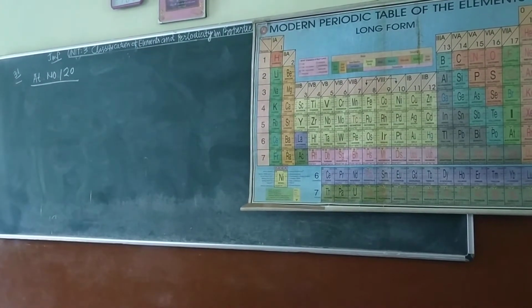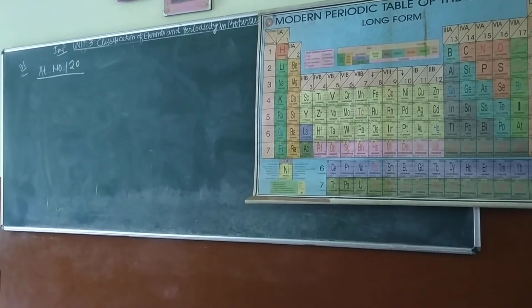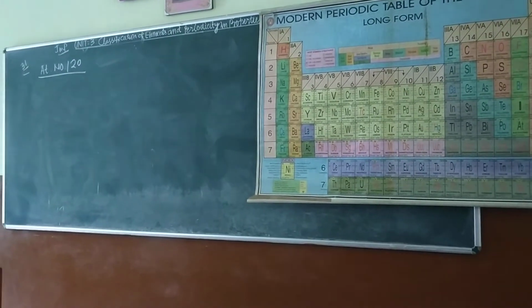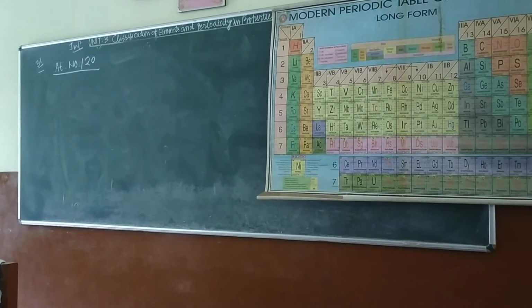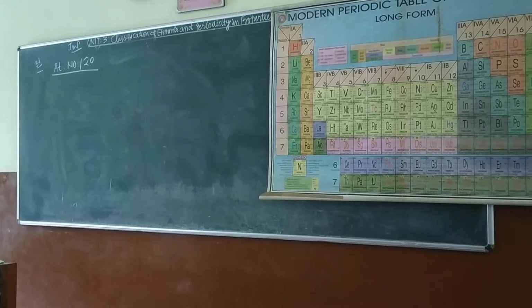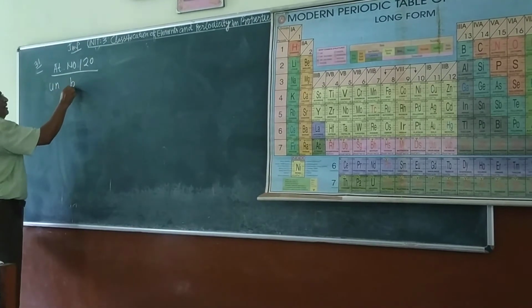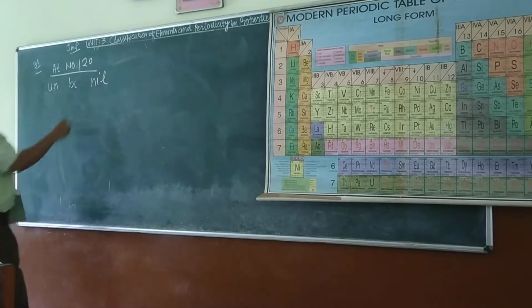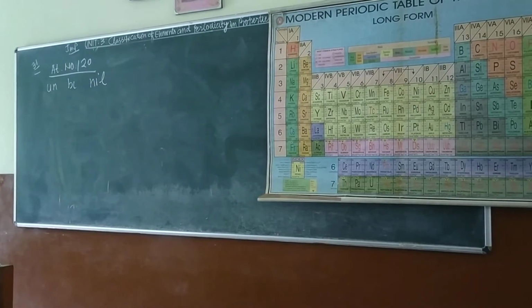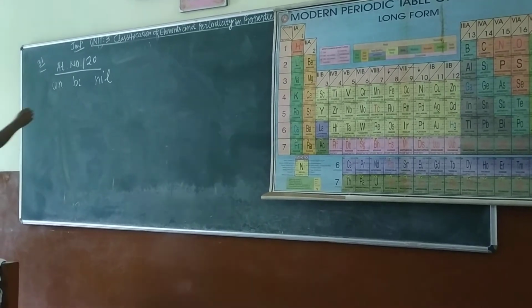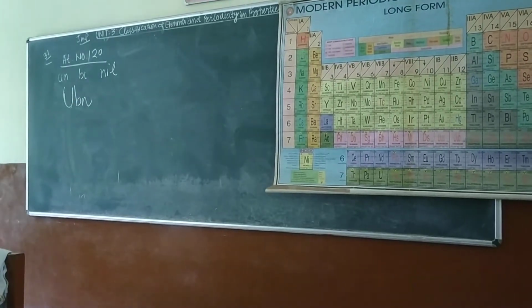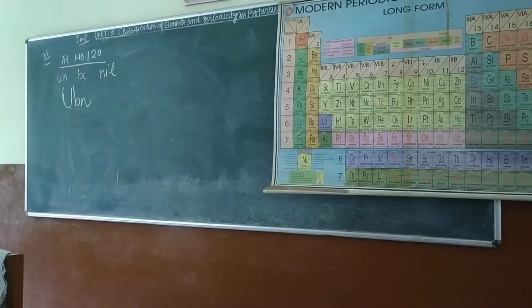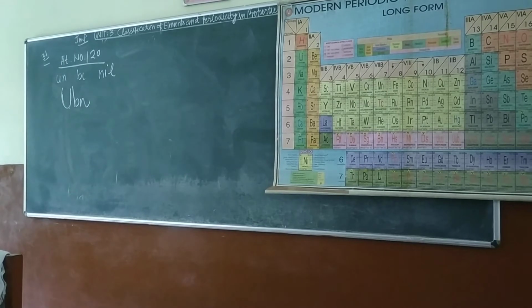Now, if we look at the table, the roots for 2, 0 are bi and nil. Hence, the symbol is UBN and the name is unbinilium.